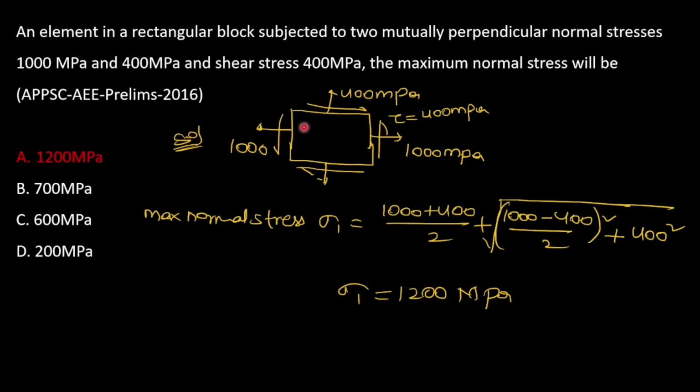He is asking maximum normal stress, and maximum normal stress means principal stress only. The principal stress formula we know: (sigma x plus sigma y) by 2 plus under root of ((sigma x minus sigma y) by 2) whole square plus tau xy square. If you substitute, you will get sigma 1 is equal to 1200 megapascal. So option A is the correct answer.